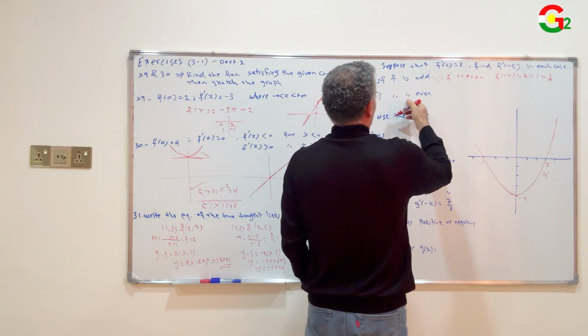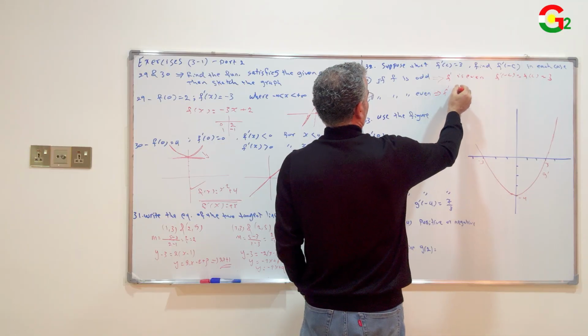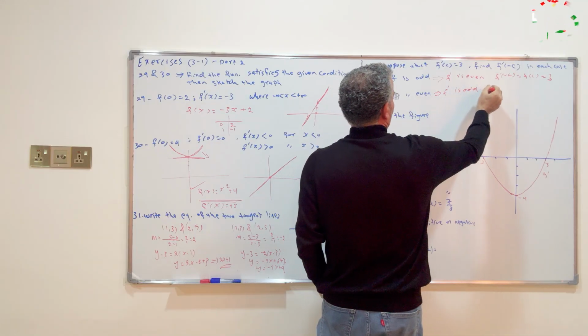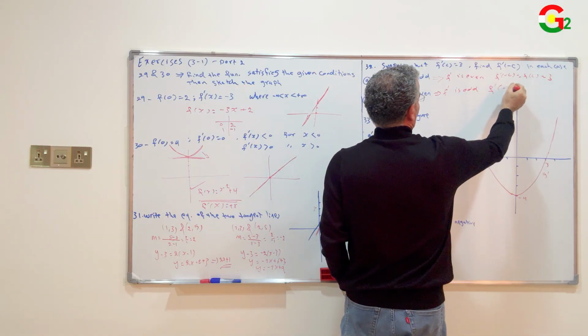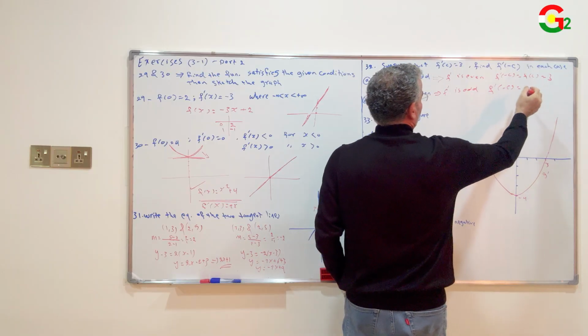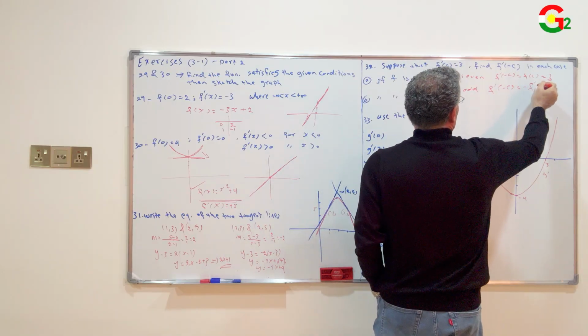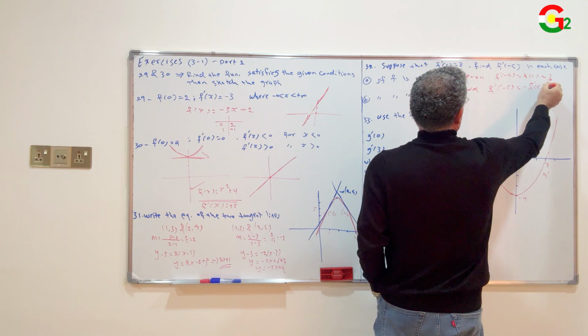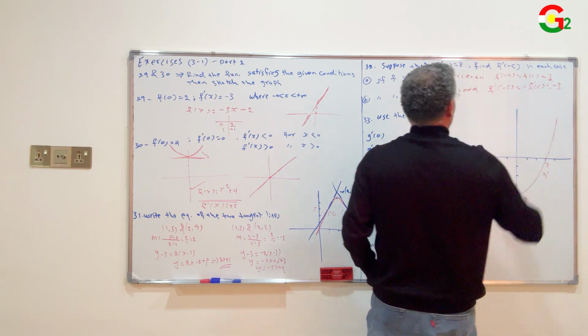If f is even, then f prime is odd, and f prime of negative c equals negative f prime of c, which equals negative 3.